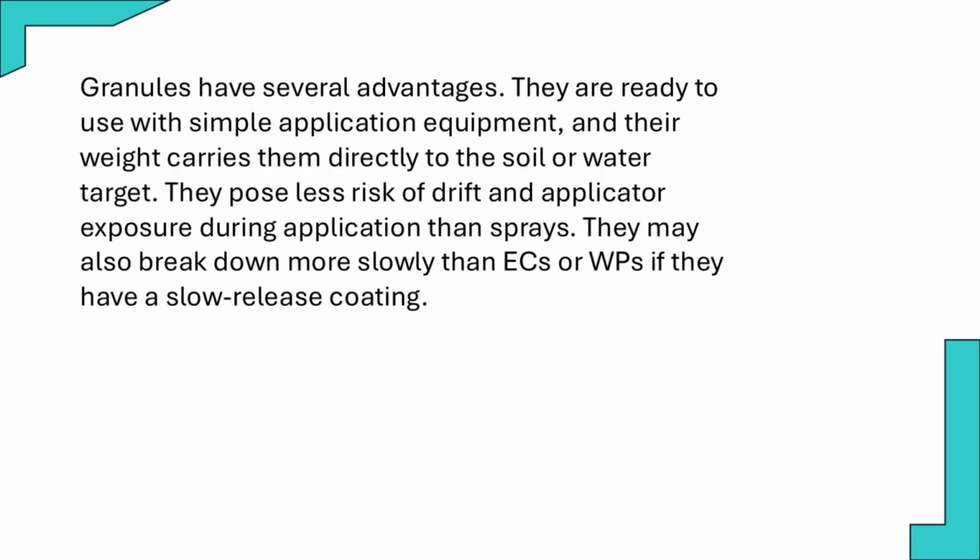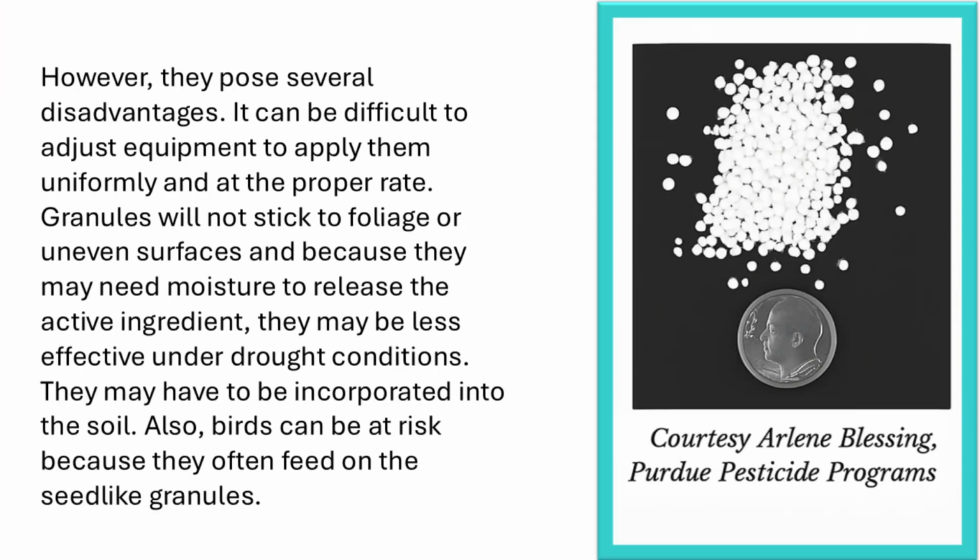Granules have several advantages. They are ready to use with simple application equipment, and their weight carries them directly to the soil or water target. They pose less risk of drift and applicator exposure during application than sprays. They may also break down more slowly than ECs or WPs if they have a slow release coating.